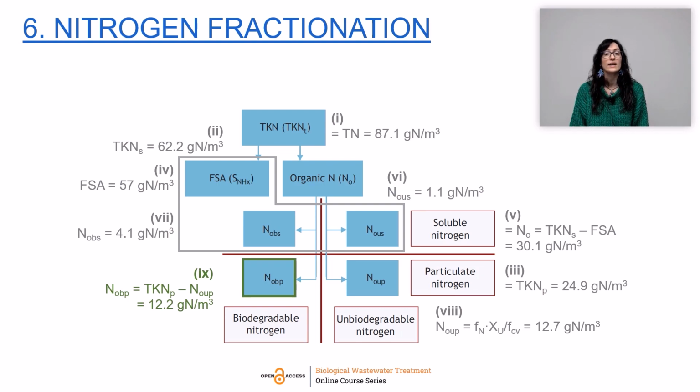Finally, we can calculate the amount of particulate biodegradable nitrogen as the difference between the particulate nitrogen and the particulate unbiodegradable nitrogen. And with this calculation, we have finished estimating all the nitrogen fractions from the wastewater.